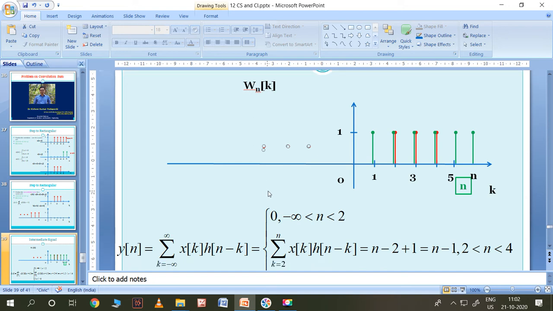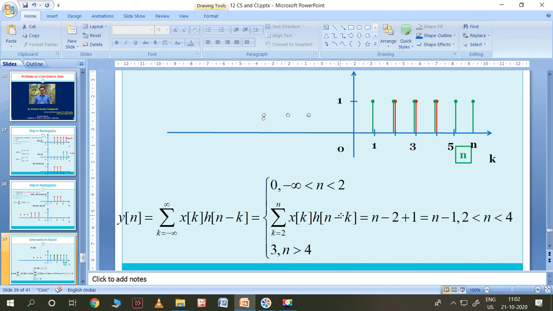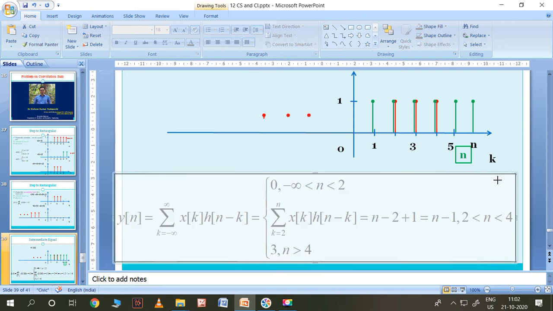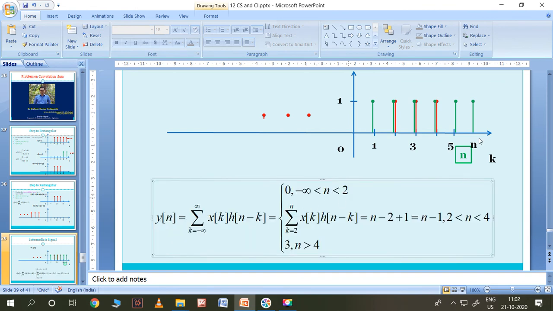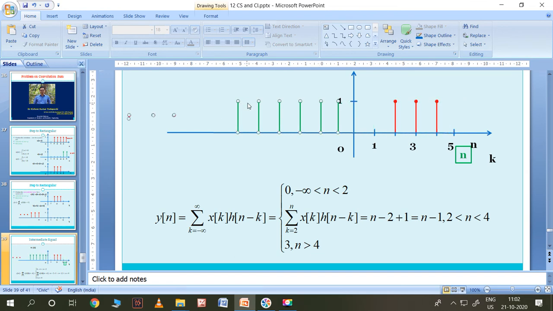So in that way we have this thing. Please identify this part. This is a very important thing. If n equal to 1, let me open up the cases now. If I move forward n up to n equal to 2, it will be like this.